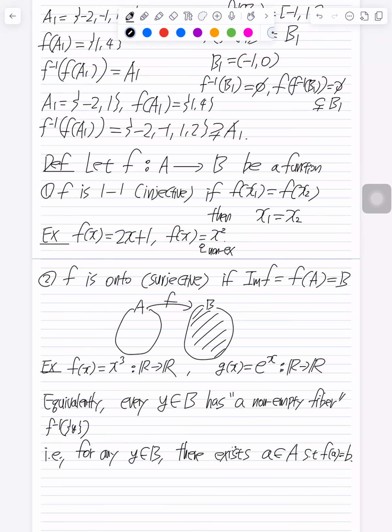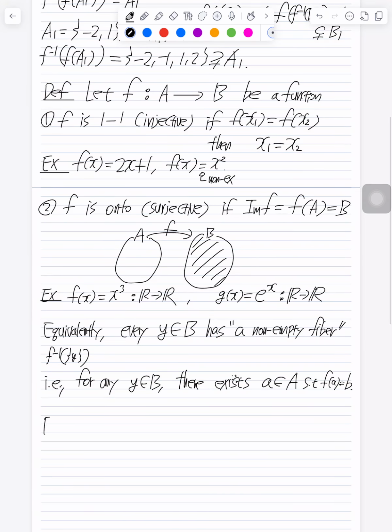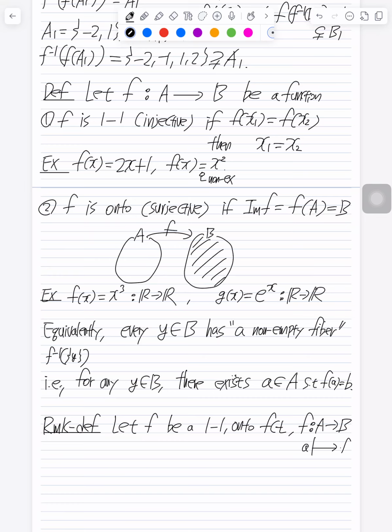And from here, we obtain the very natural definition. If two properties are satisfied at the same time, let f be a one-to-one and onto function. So of course, f is the function from A to B that maps each small a to f of a.